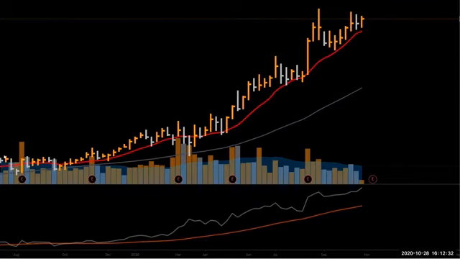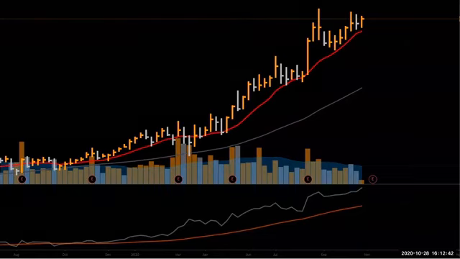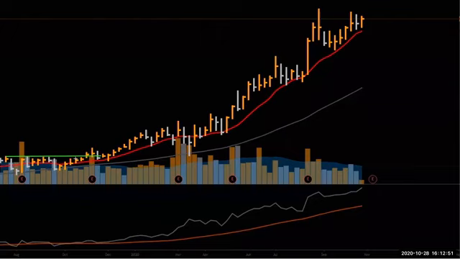Let me grab the little annotation tool. From right over here, you only popped out of this sideways section, and then you consolidate again. So I wouldn't really count this as a separate base.